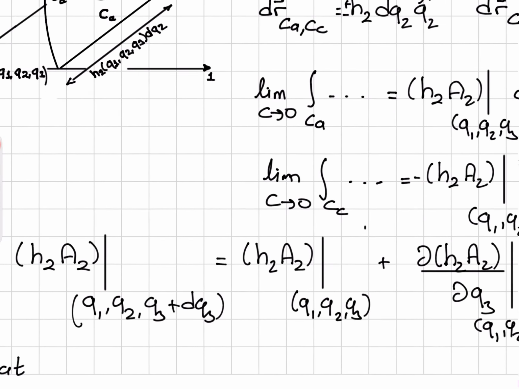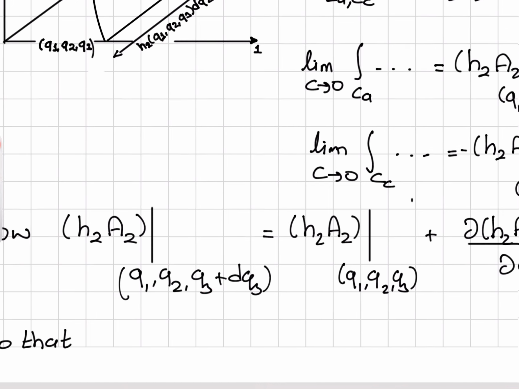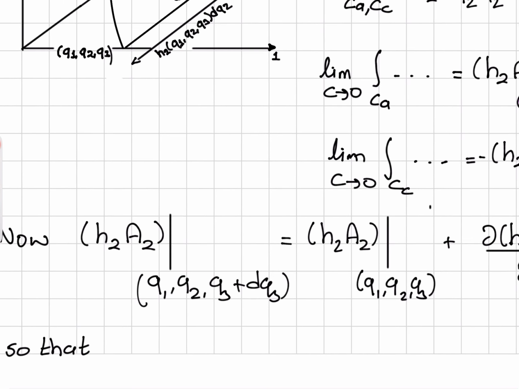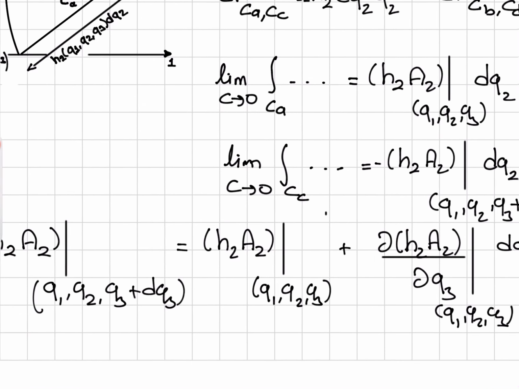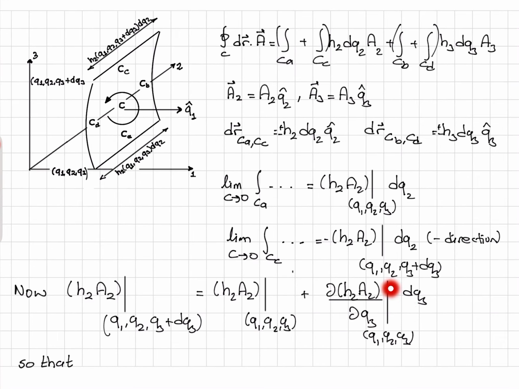So h2 A2 evaluated at q1, q2, and q3 plus dq3, I can use a Taylor series expansion. dq3 equal to 0 gives me the first non-zero term, and then I take the derivative of h2 A2 with respect to q3 multiplied by dq3. That gives me the first order term in the Taylor series expansion.